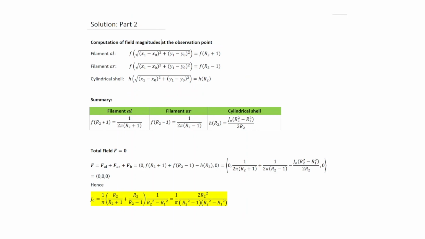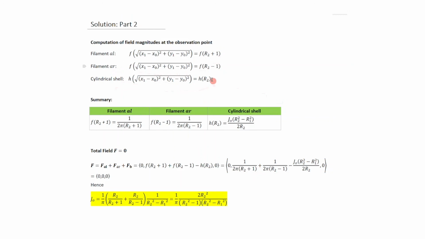All right, so now we just put all the pieces together. Again, we have to do the computation with respect to the observation point. So this becomes x1 minus x naught. This becomes y1 minus y naught, which is f of r2 plus r1. Same thing for AR. And for the case of the cylindrical shell, it was just h r2.